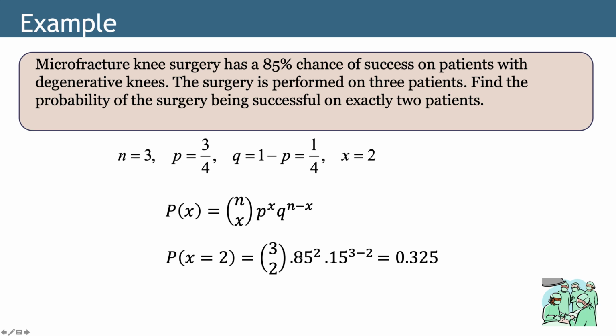P is 0.85. I want 2 successes, therefore 3 minus 2. That's 1 failure. This is the probability of failure. So if I multiply all this out, I get 0.325. Okay? So there you go. So that's a binomial probability.